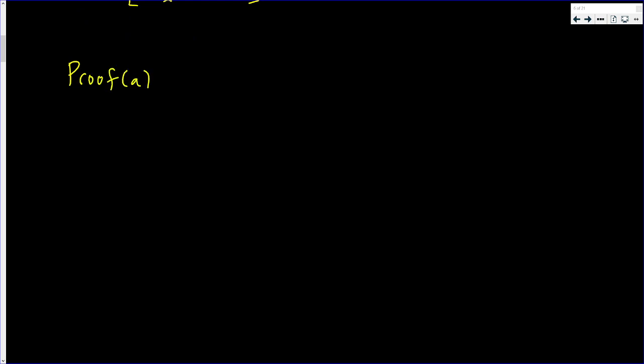So, proof of A. Let me just write it down. The greatest integer of a plus n is equal to the greatest integer of a plus n, if in fact n is an integer. So this is what we want to prove.